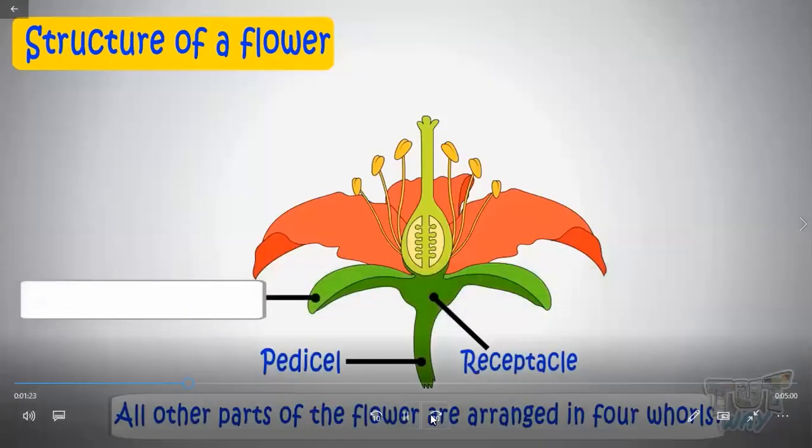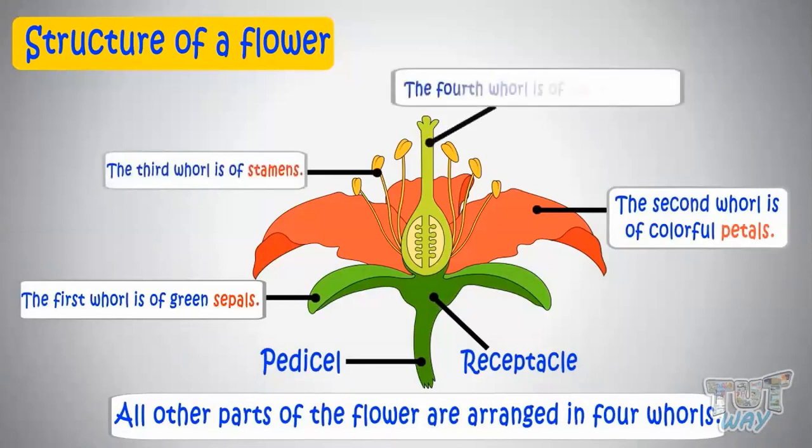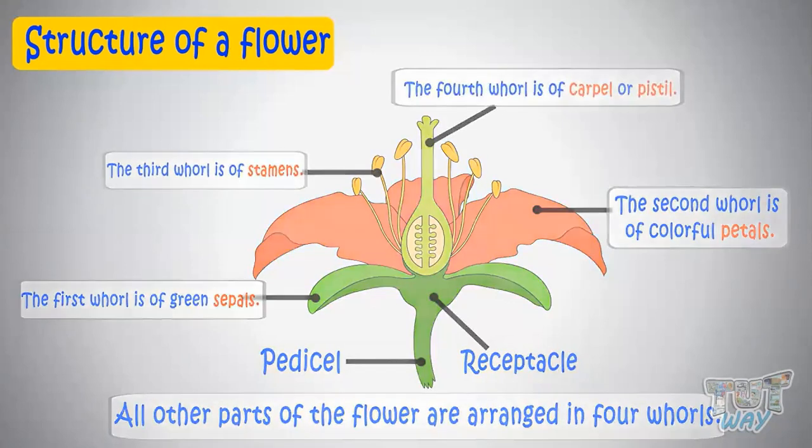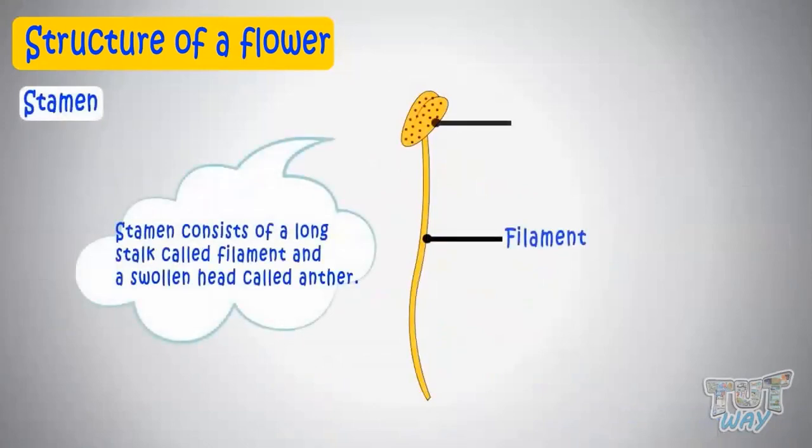First is green sepals. Second is colorful petals. Third is stamens, which is the male reproductive part. Fourth is carpel or pistil, which is the female reproductive part. Stamen consists of a long stalk called filament and a swollen head called anther.